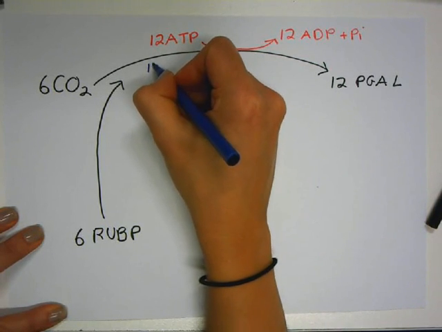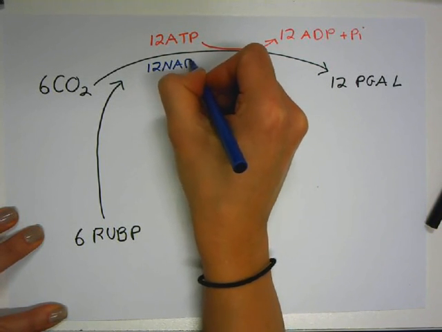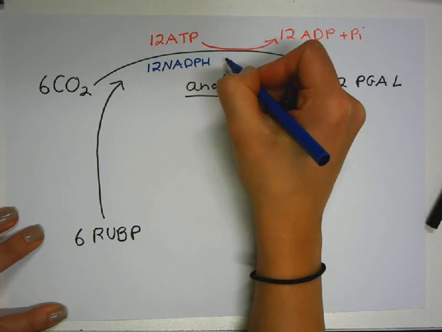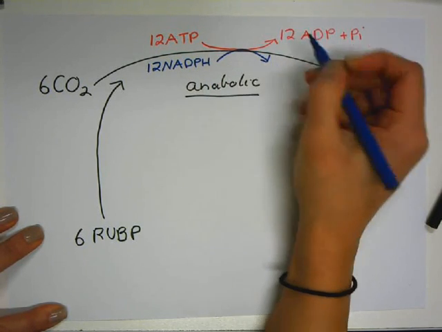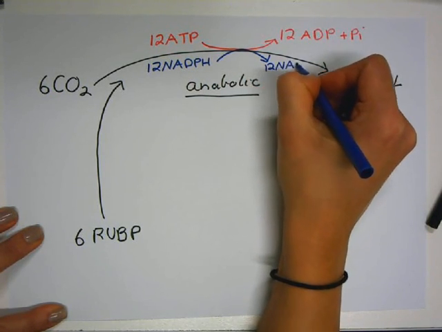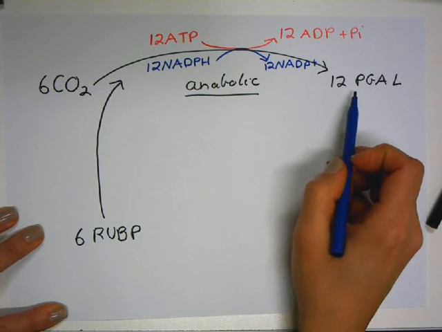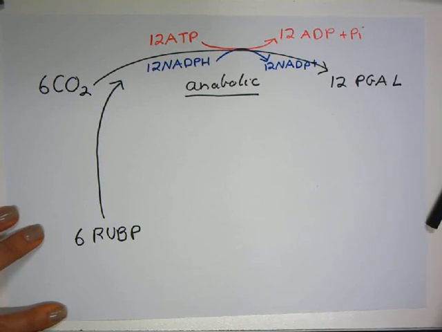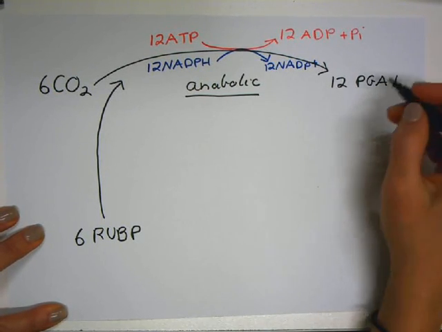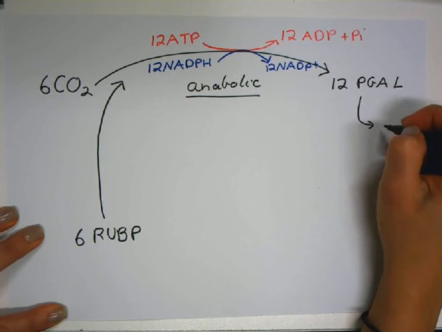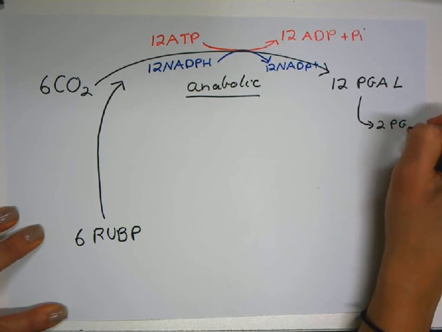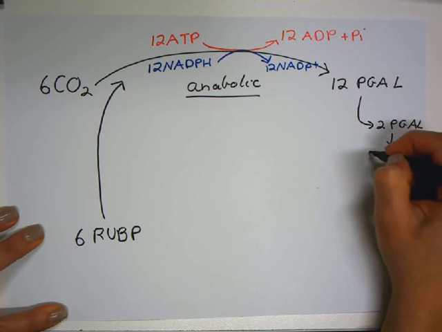So we need 12 NADPH, and these will get converted to 12 NADP+. We need the hydrogen to make PGAL. So now we have 12 PGAL molecules. Of these 12, 2 will continue to make 1 glucose molecule.